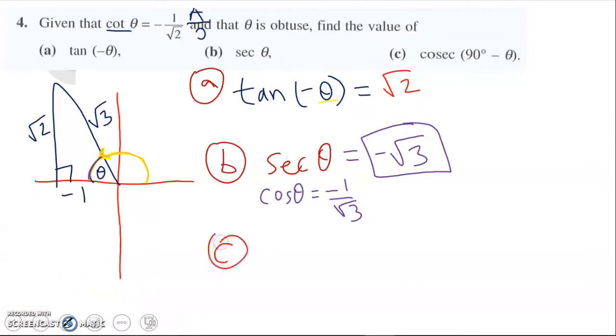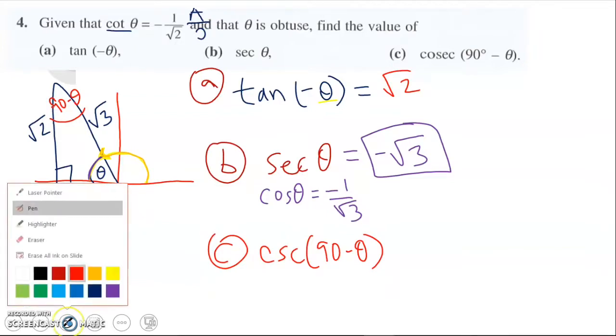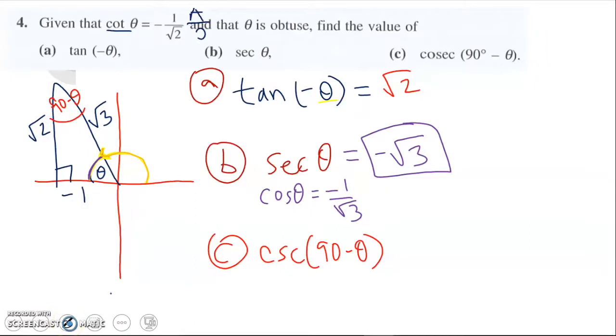For letter C, it's asking you cosecant of 90 minus theta. So again, here's where my 90 minus theta is. Again, it helps to ask yourself what the inverse of cosecant is. So what you're actually determining is sine of 90 minus theta, which would end up being opposite over hypotenuse.